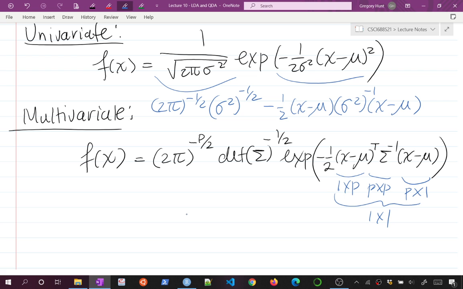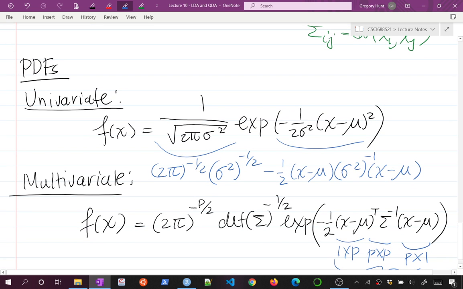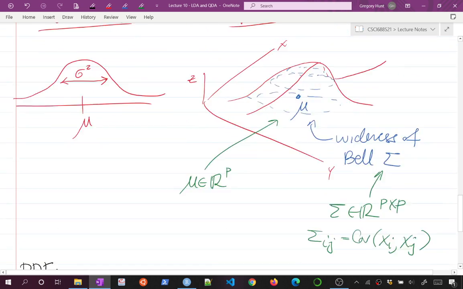But from there, basically all we do for a multivariate linear discriminant analysis is we're replacing this univariate normal distribution with a multivariate normal distribution.